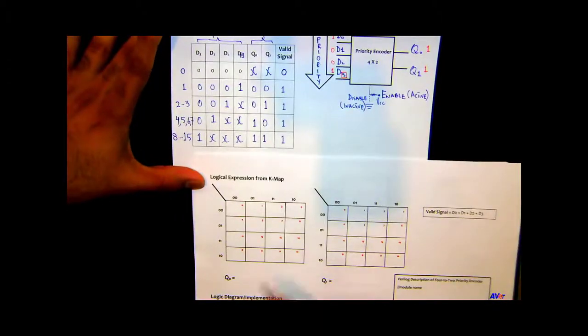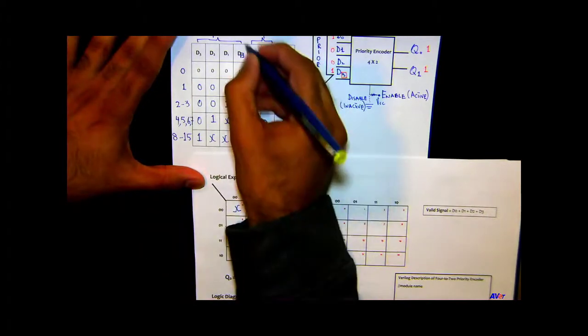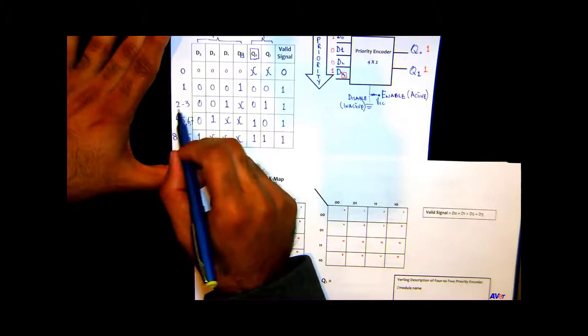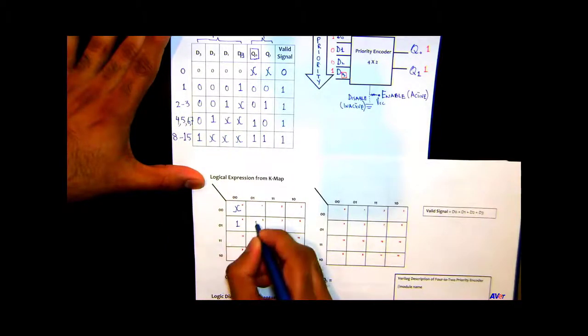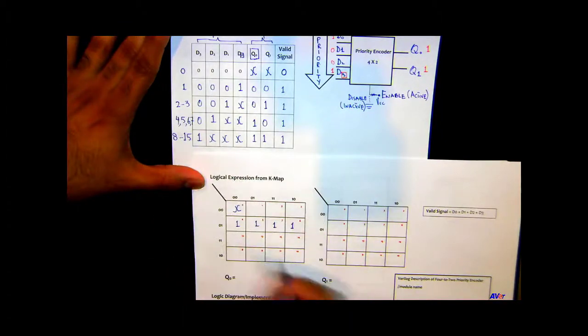Okay, so 0 is don't care. We're going to do it for Q0 and Q1. So we are looking at Q0 here. 1 is 0, 2, 3 are 0, 4 to 7 are 1, 8 to 15 are also 1. So all of these are going to be 1.